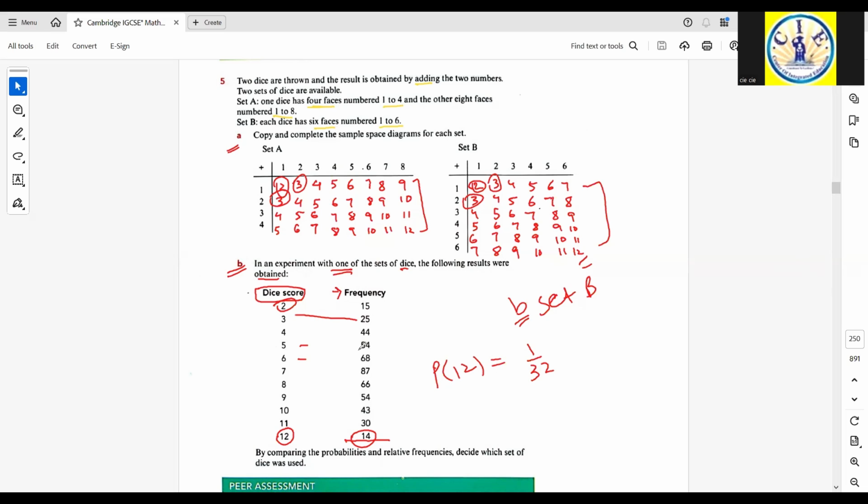This is 15 plus 25 plus 44 plus 54 plus 68 plus 87 plus 66 plus 54 plus 43 plus 30 plus 14. This is 500.